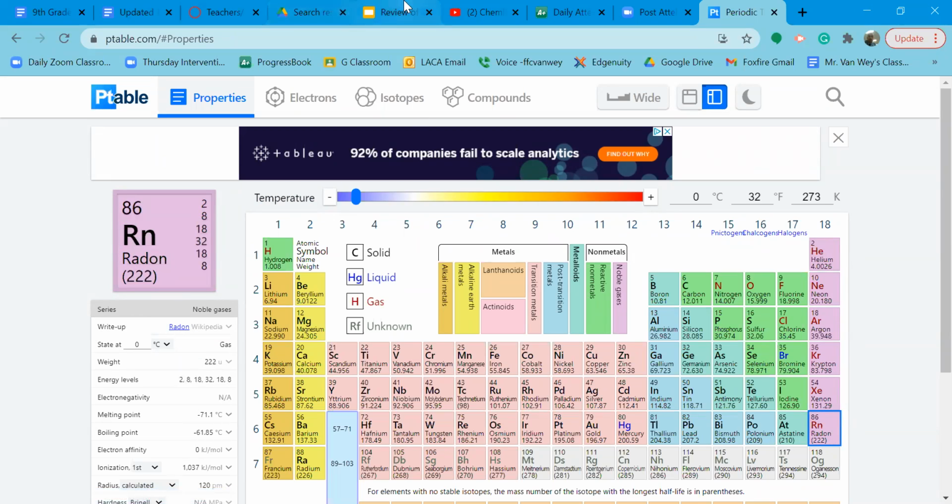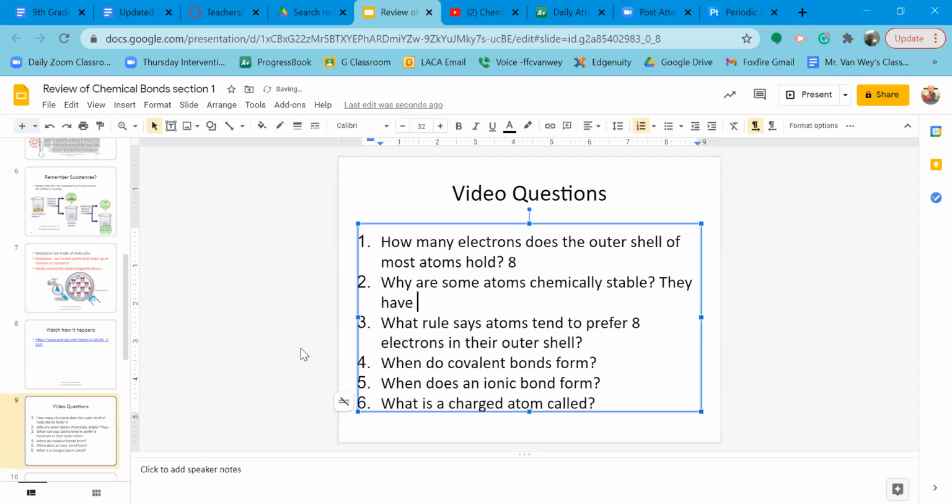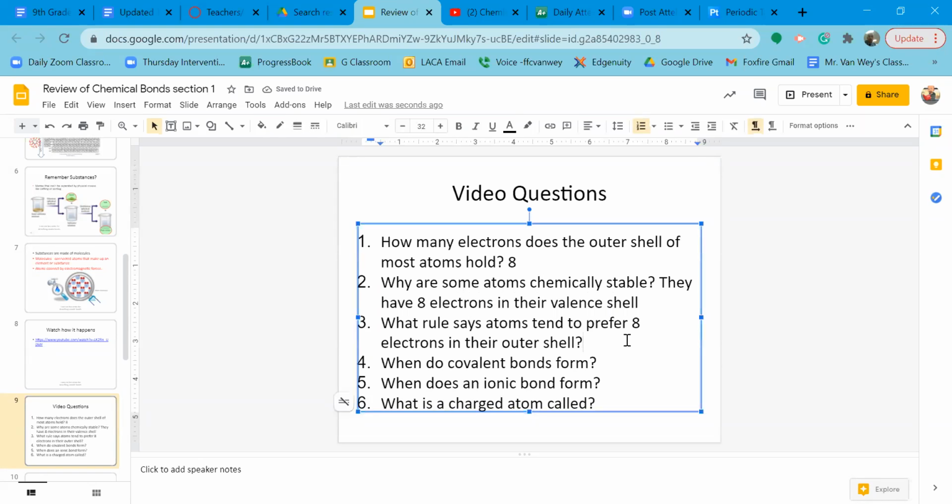And what this means is that noble gases will not combine with other atoms to satisfy their octet. They're just not interested. So when atoms are chemically stable, they have 8 electrons in their valence shell, or their outer shell. And this rule is called the octet rule.